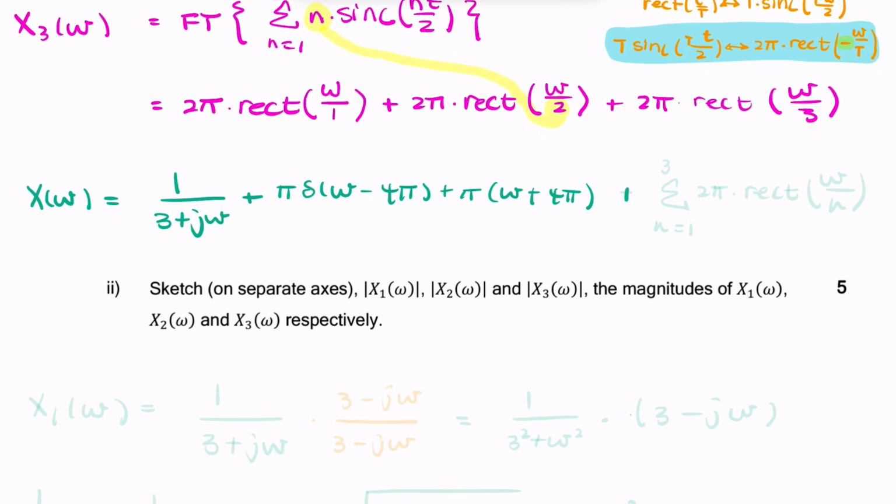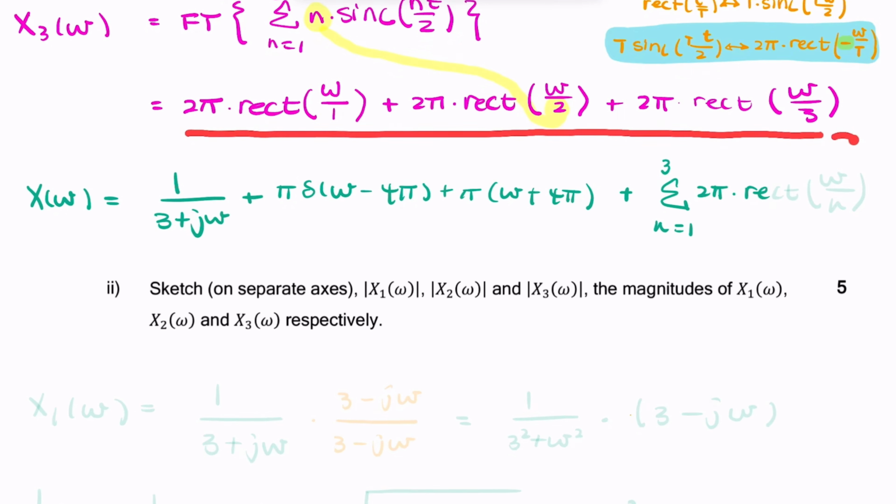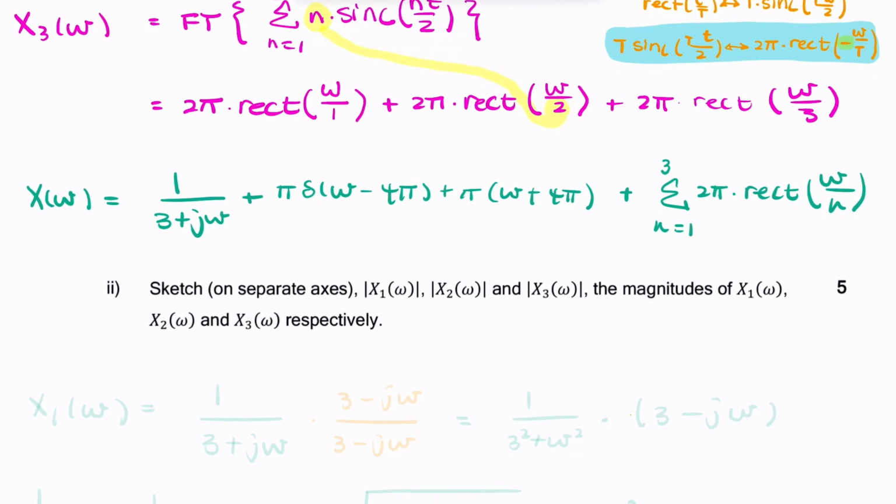And I could probably write that again as a summation, n equals 1 to 3, 2 pi times the rectangular function of omega over n. So that will include all three rectangular functions. So there we have the Fourier transform x of omega.